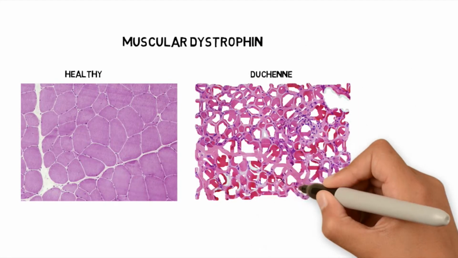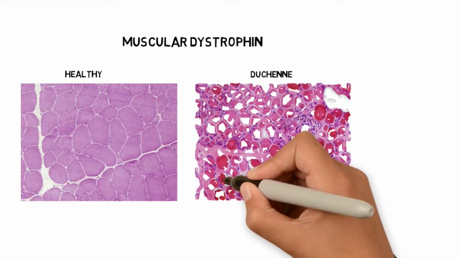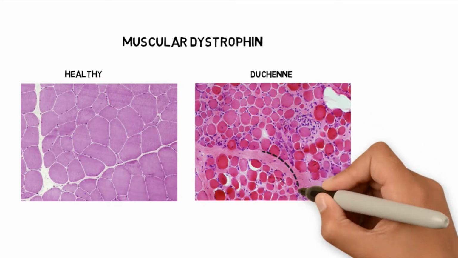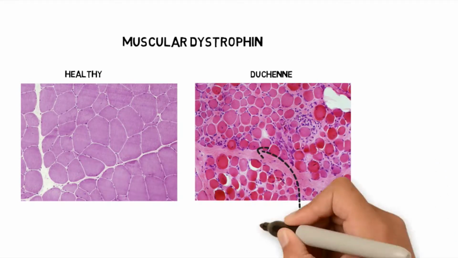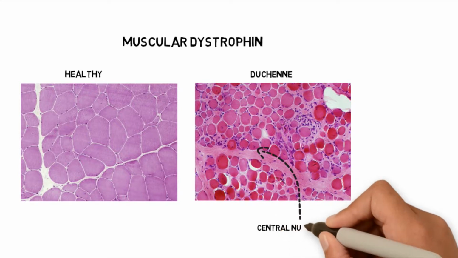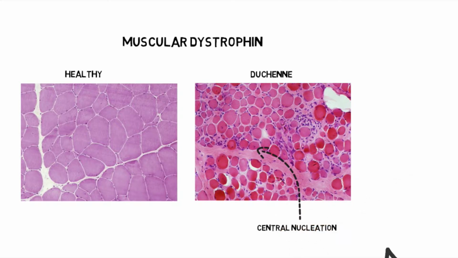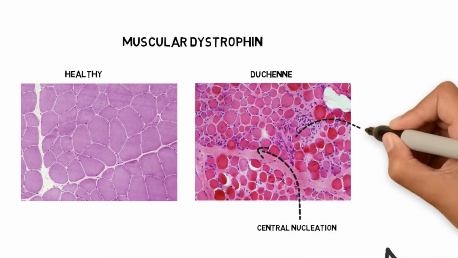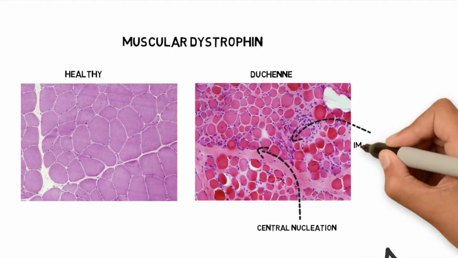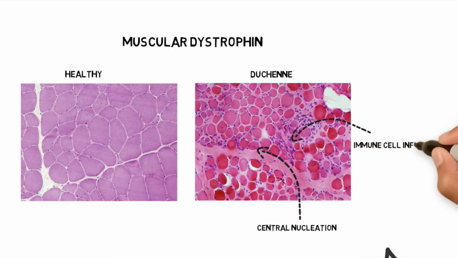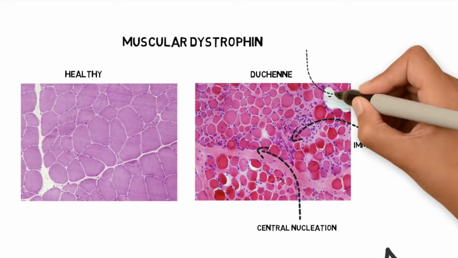In DMD patients, the nuclei are commonly found in the center, which is a sign of muscle regeneration. There is also frequent immune cell infiltration to clean up the area and signal degradation of damaged muscle and regeneration of new muscle. Finally, fibrosis occurs when fat is accumulated and takes up the space that the muscle cells have left behind.